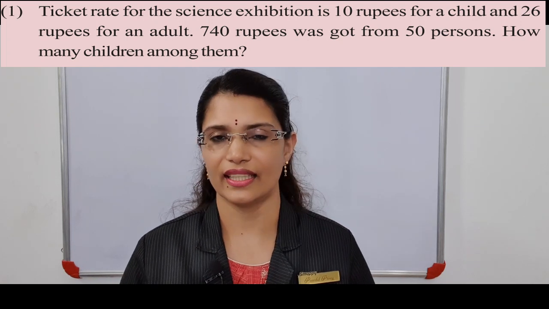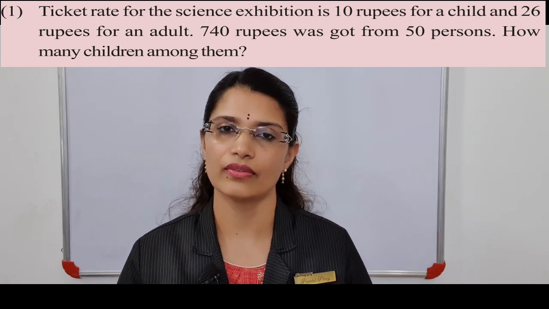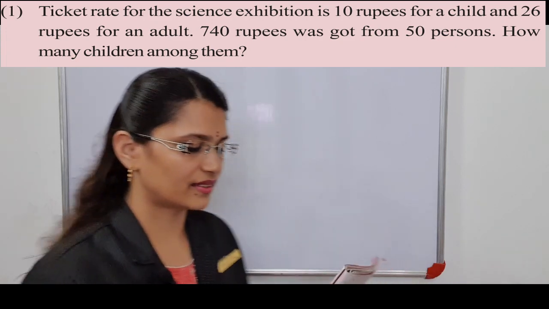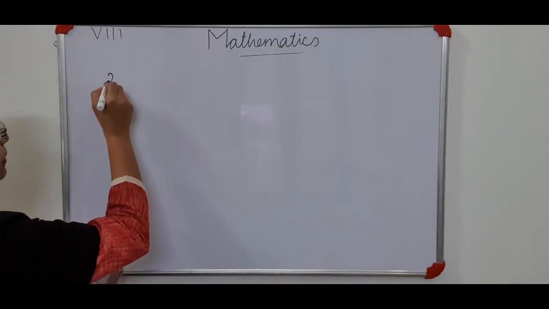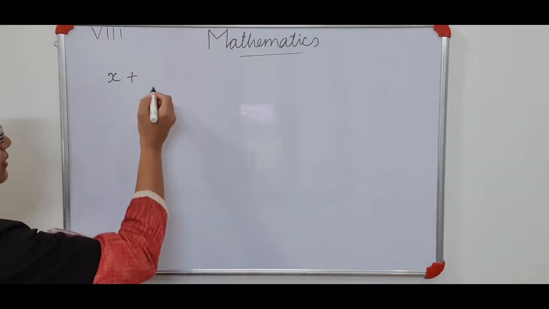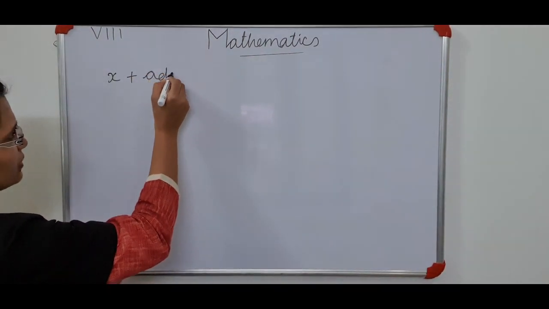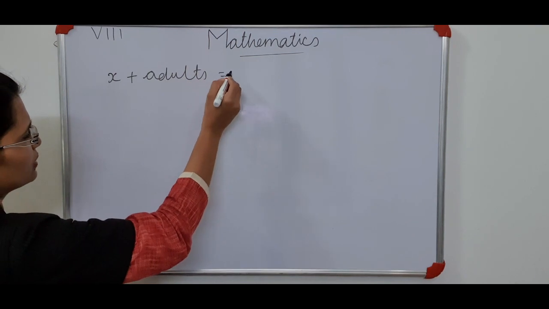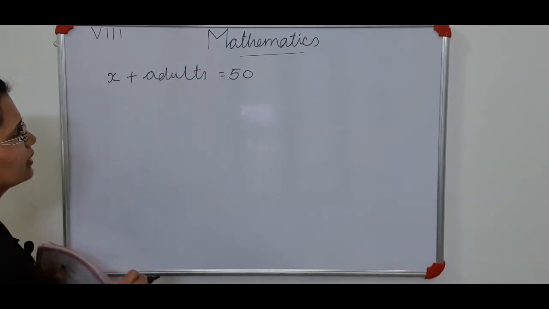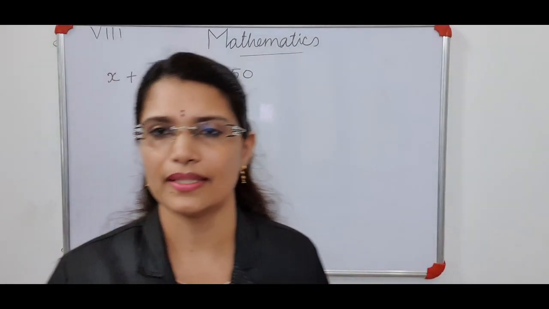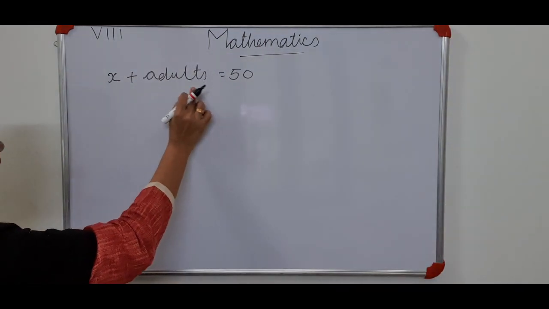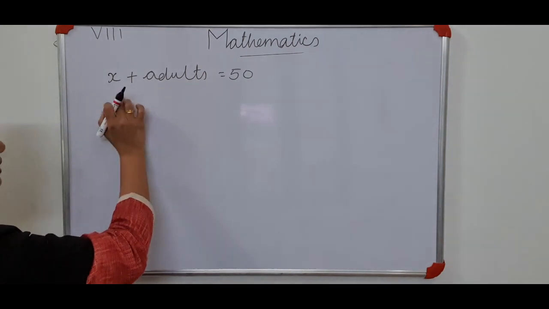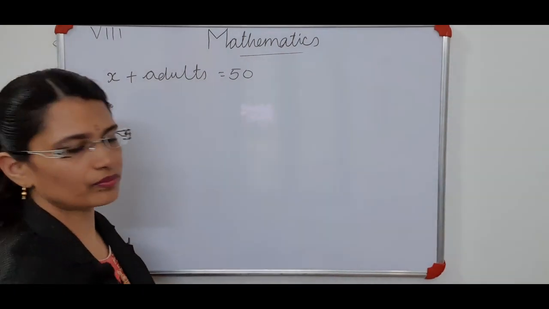So, let's take x be the number of children. Number of children plus number of adults is equal to 50, right? So, how can you write the number of adults in terms of x?